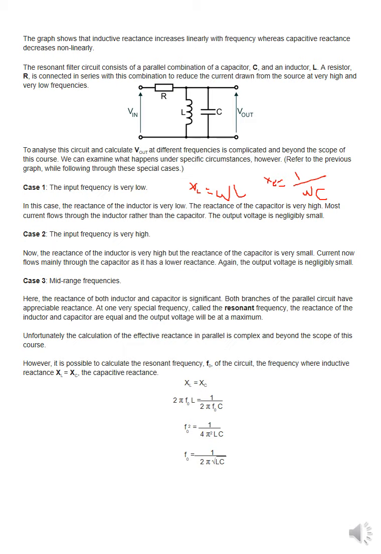Most current flows through the inductor rather than the capacitor, because the inductor will allow the current to flow through it, while the capacitance will block it by providing high reactance.